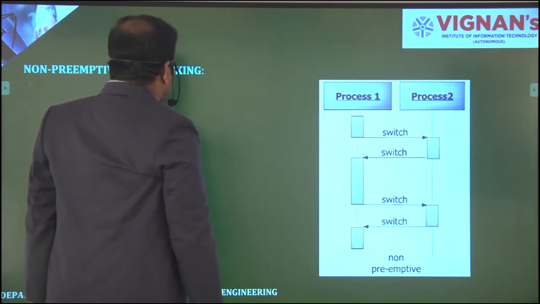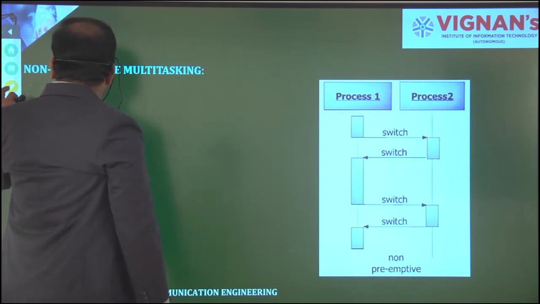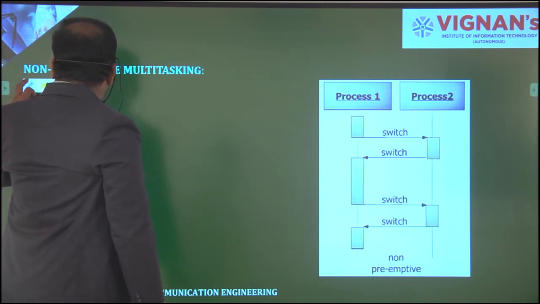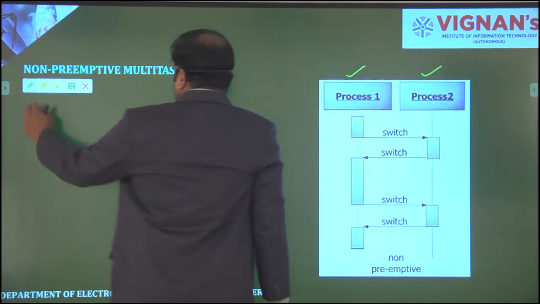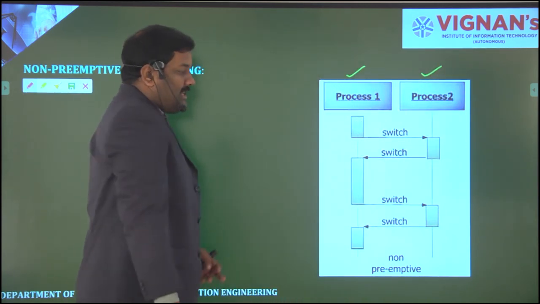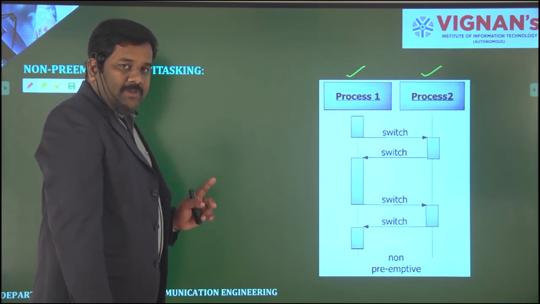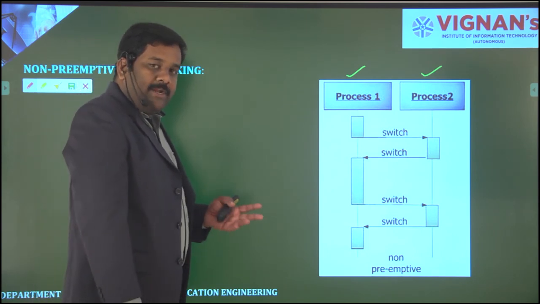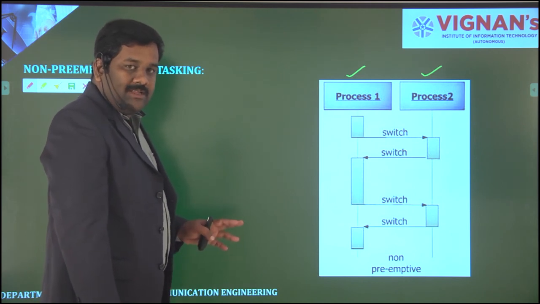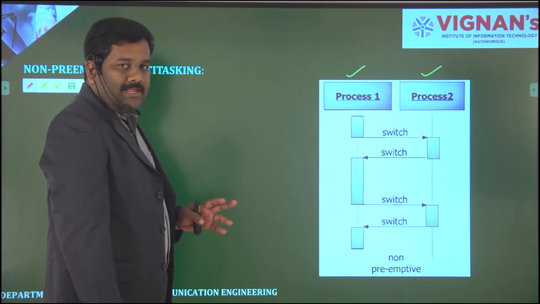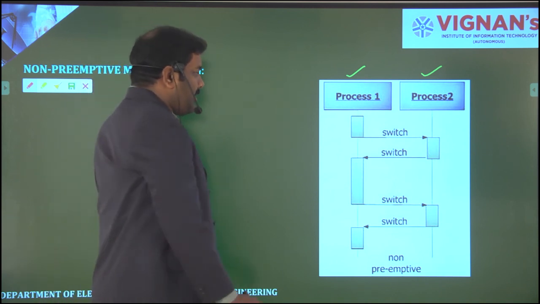Having a graphical representation, here also it is the same. I have two processes, first one is P1, second one is P2. Initially we have given one task, that P1 has to execute first. When P2 arrives, the priority between P1 and P2 will be checked, and whichever has higher priority, that task will be completed or continued.